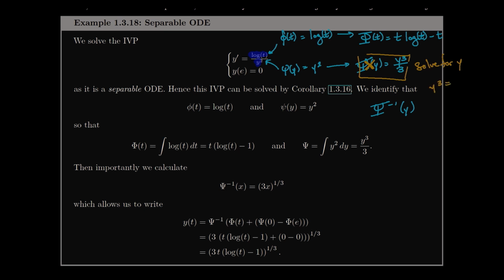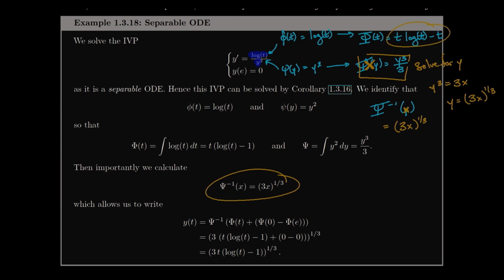We get y cubed is 3x. We have to take a cube root, right? That's how we're going to get rid of a power of 3, by taking a 1/3 power. So psi inverse is the function, I'll call it psi inverse of x actually. Psi inverse of x is the function 3x to the 1/3 power. Now that we know that, we can construct everything we need.